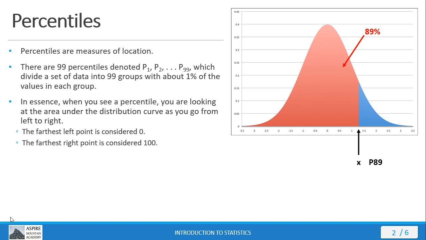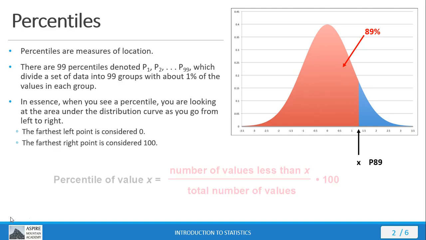And because the percentile represents a percentage of the area under the curve, we can also represent it as the percentage of data values that are less than our x value, which is the number of data values less than our x value divided by the total number of data values and then multiplied by 100 to convert from decimal form to percent form. So we have two different ways of looking at the same thing, but either way, that's percentile.